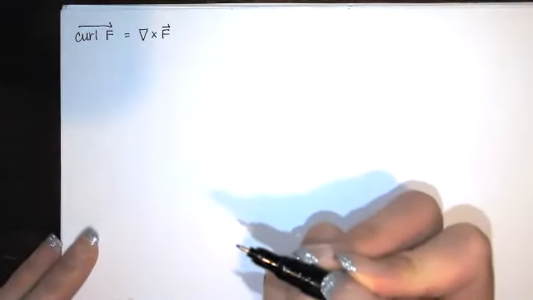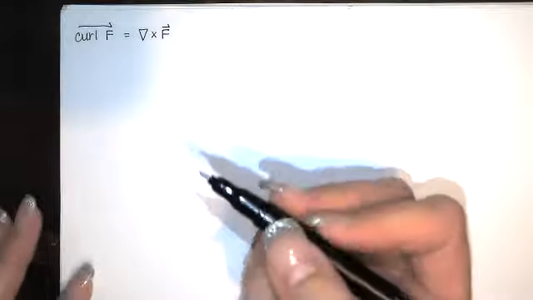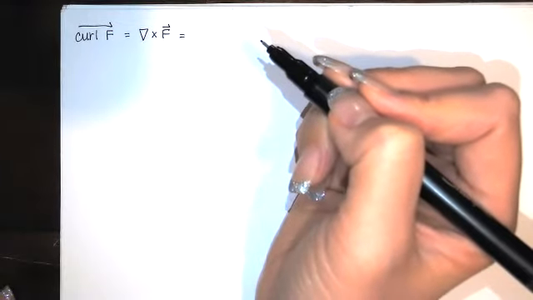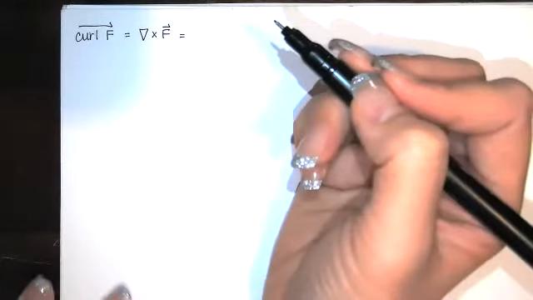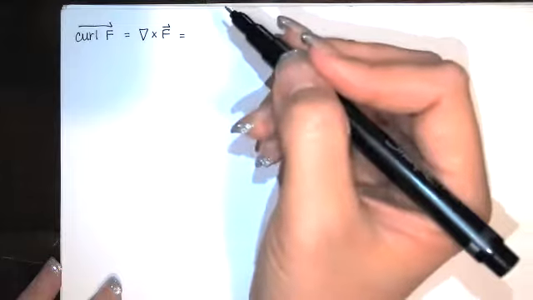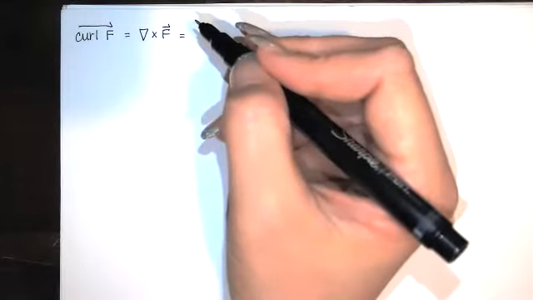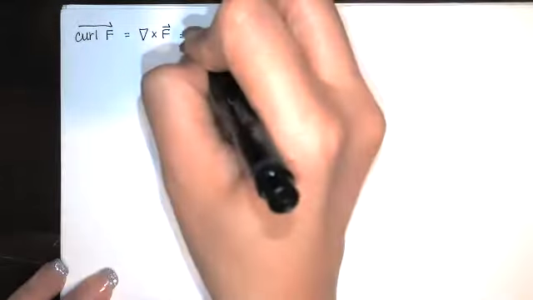But we can think of it this way. It's like taking the cross product of the del operator with the field F. Now that field F has to have 3 components in order for us to take a cross product. If our field was 2D, we could always just imagine it was in 3D with a 0 for the Z component.